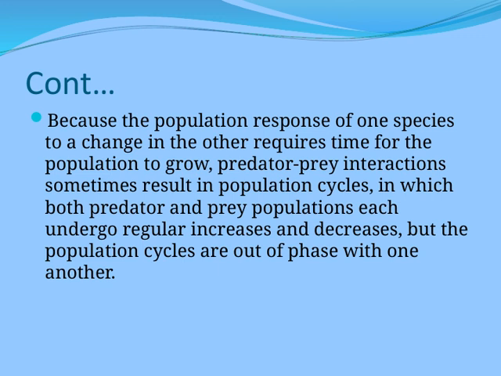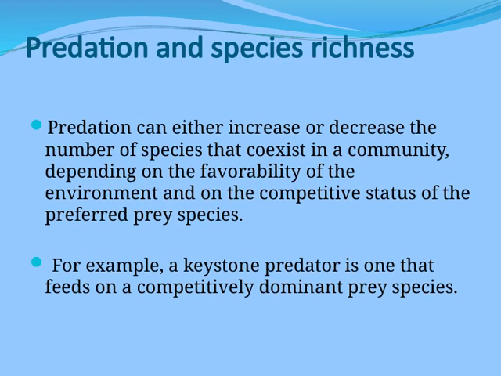All right, let's talk about predation and how it affects species richness. Predation can be a bit of a double-edged sword. It can either boost the number of species that coexist or reduce it, depending on certain factors. For example, the environment's favorability plays a big role, as does the competitive status of the prey species they target. A key concept here is the keystone predator. This is a predator that feeds on a prey species that's often highly competitive and dominant in the community.